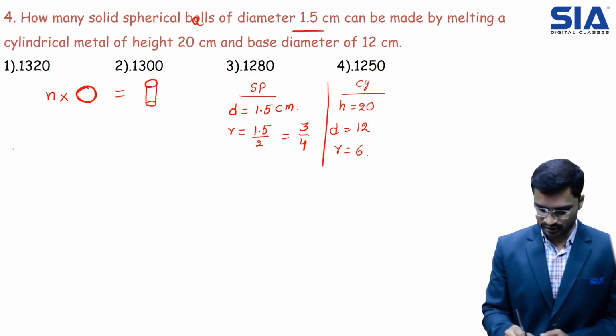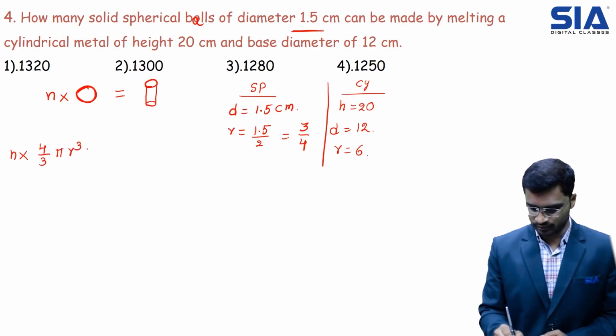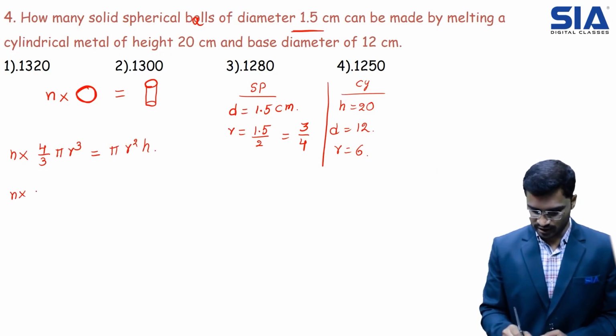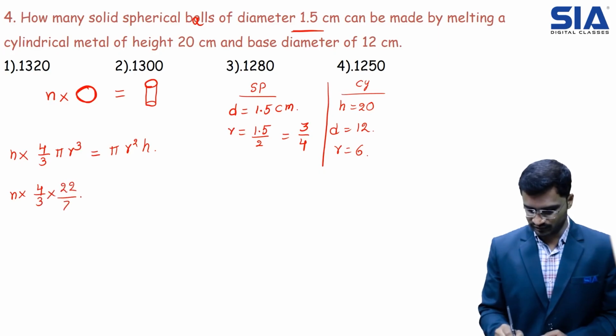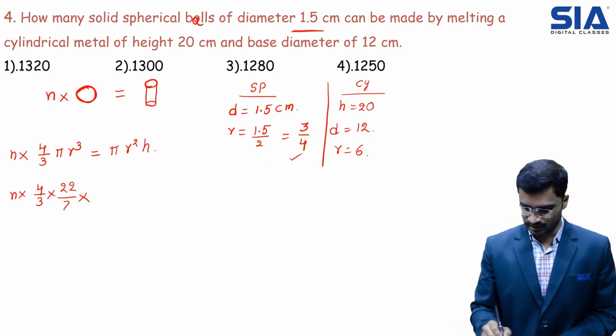Now let us substitute here. So n into volume of a sphere, 4 by 3 pi r cube, is equal to volume of a cylinder, pi r square h. Now n into 4 by 3 pi, the radius of the sphere is 3 by 4.